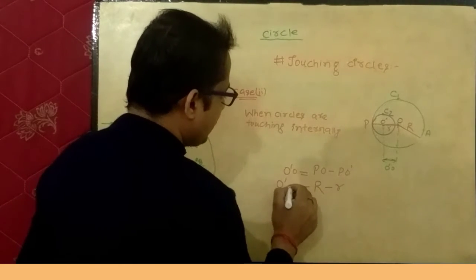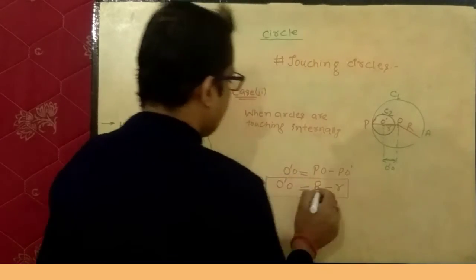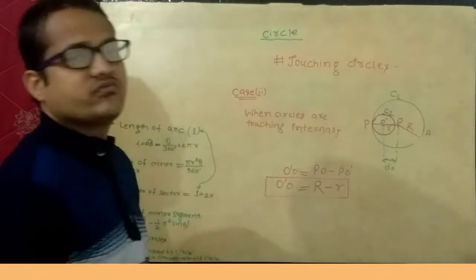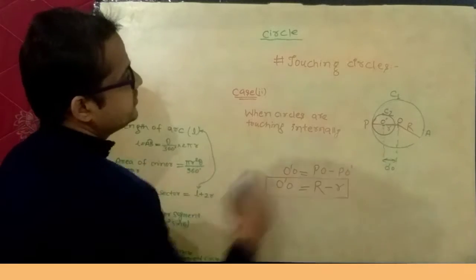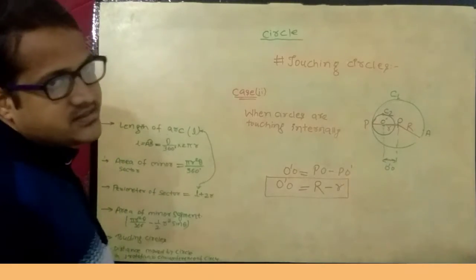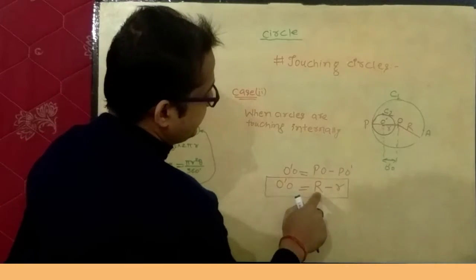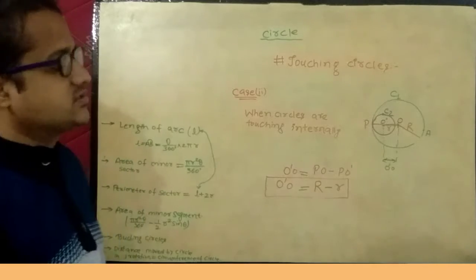So O dash O equals the radius of the outer circle minus the radius of the inner circle. So the distance between the centers when the circles are touching internally is found by subtracting the radius of the smaller circle from the radius of the bigger circle.